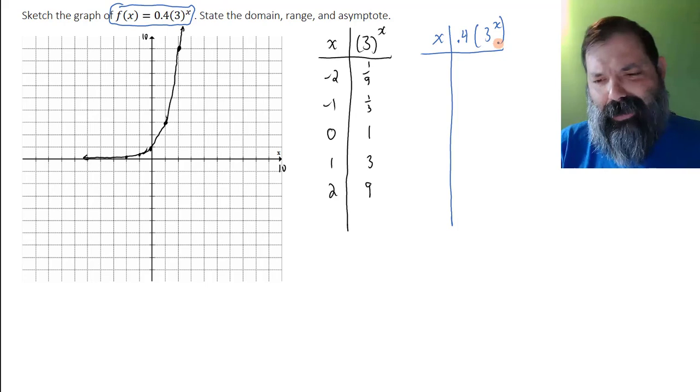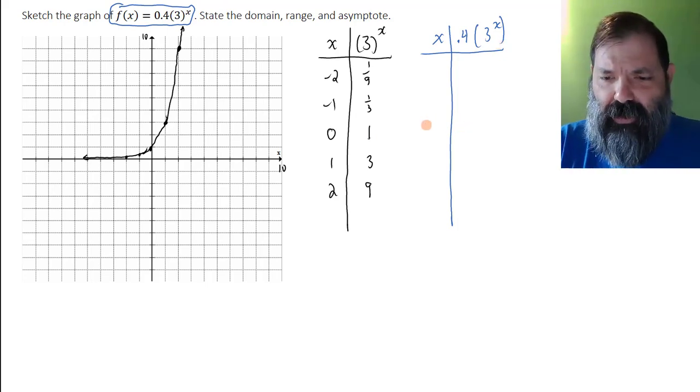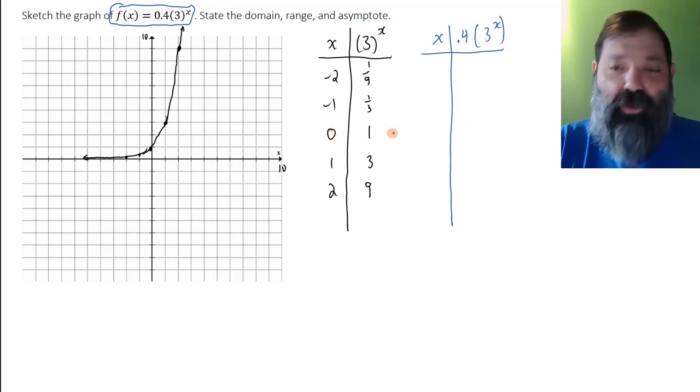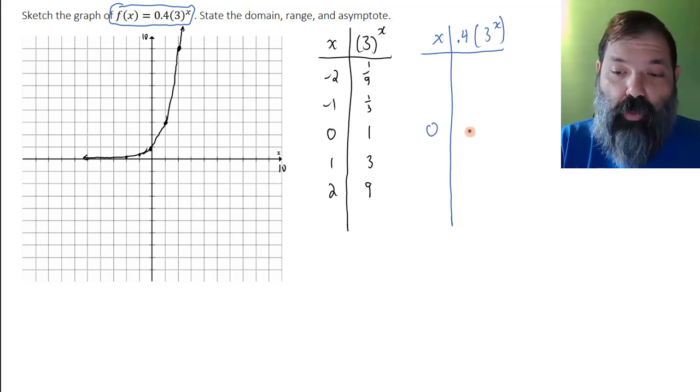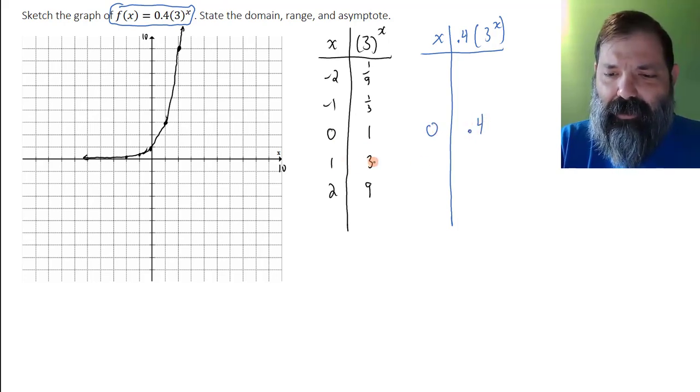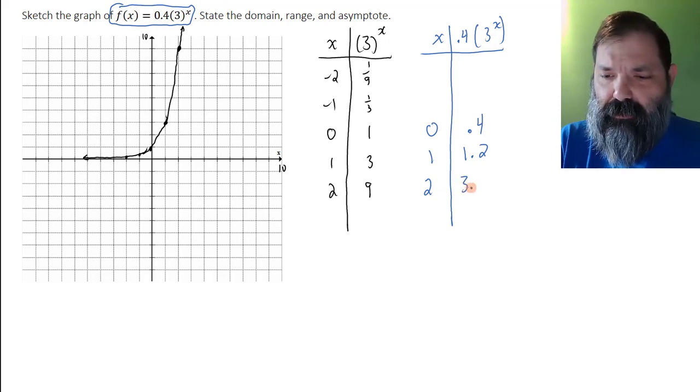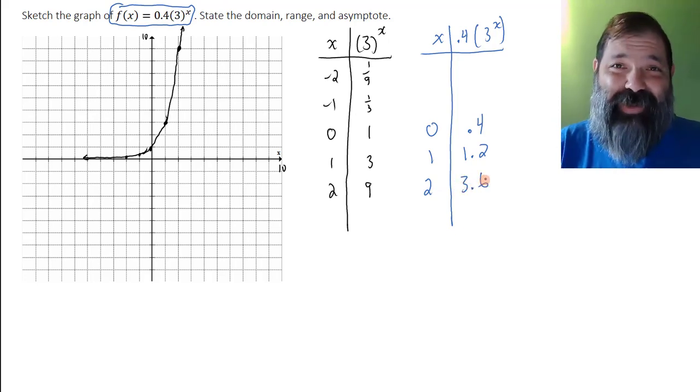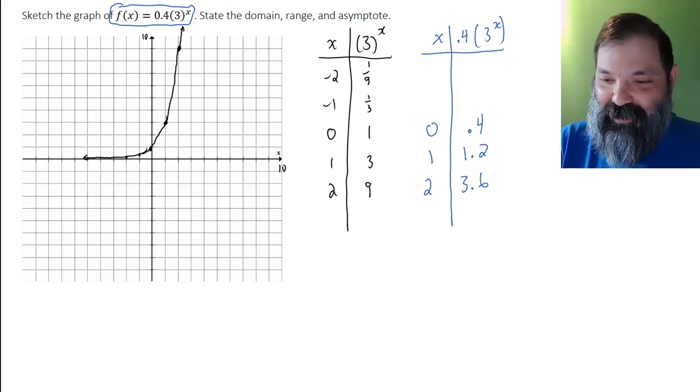All right, so some of these are relatively easy. If my input is 0, 1 times 0.4 is 0.4. 3 times 0.4 is 1.2, and 9 times 0.4 is, what, 3.6? Now the other ones, I'll admit, I'm gonna have to do those on a calculator.